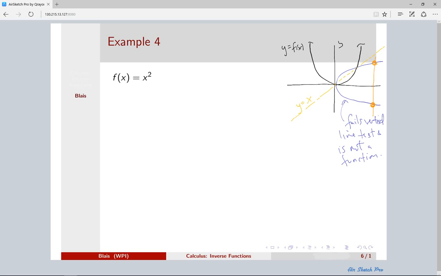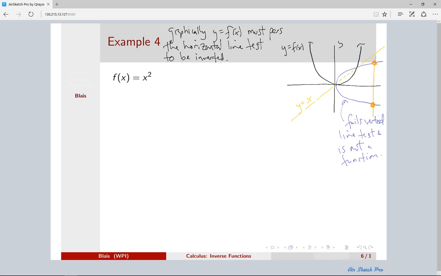So graphically, y equals f of x must pass the horizontal line test to be inverted. So y equals x squared does not have an inverse.